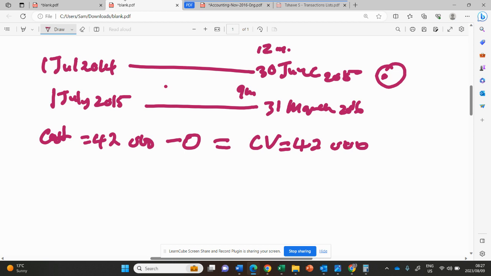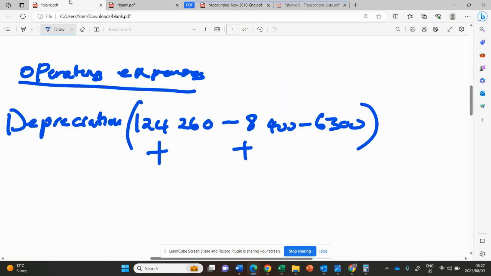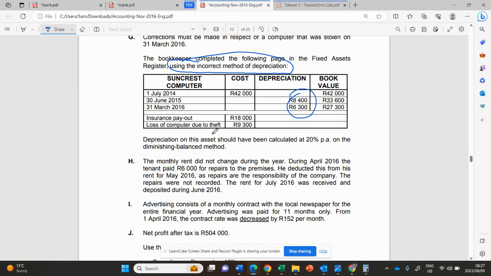Understand? Because we are doing the diminishing balance method, we are depreciating using the carrying value. We are not depreciating using the cost price. So the carrying value is this one. Then you multiply it with the rate, is it 20%? Probably it's 20%.